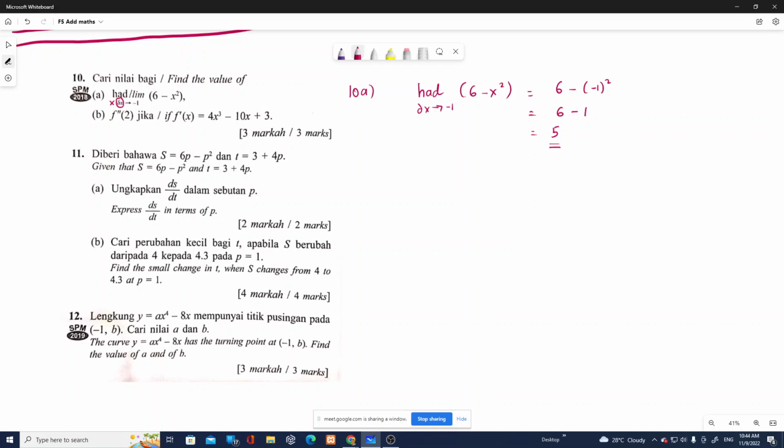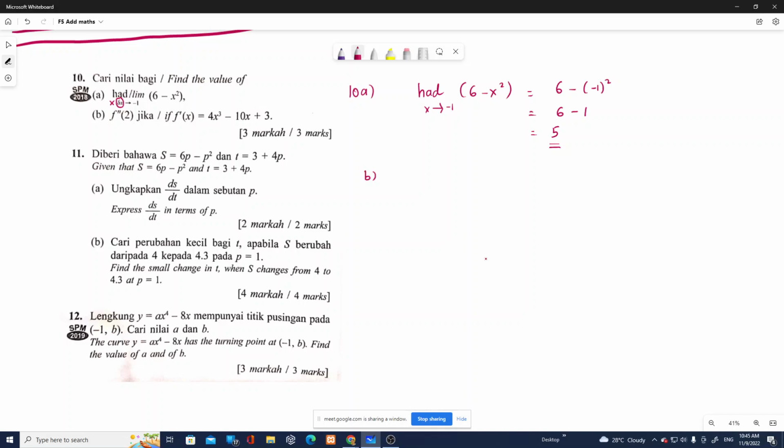Yeah, this book has a lot of typos actually. Okay, so patutnya X menghampiri negatif 1. Then you can direct substitute. Supposed to be X approaches negative 1. Patutnya X lah, bukan delta X menghampiri negatif 1 lah.